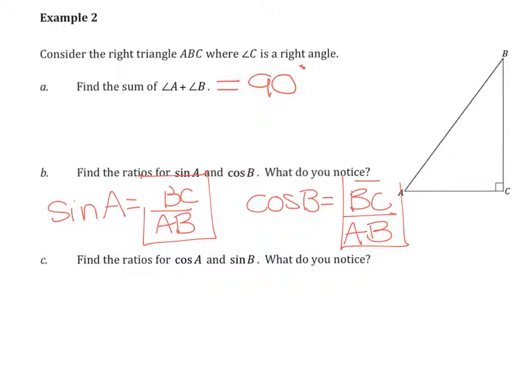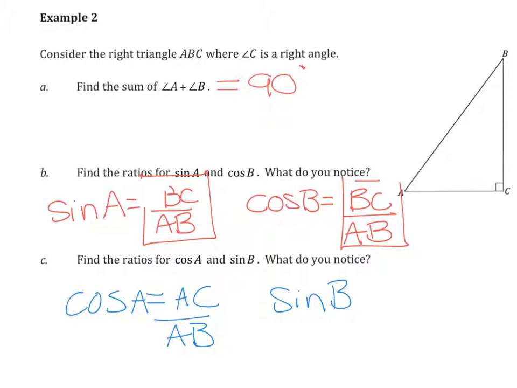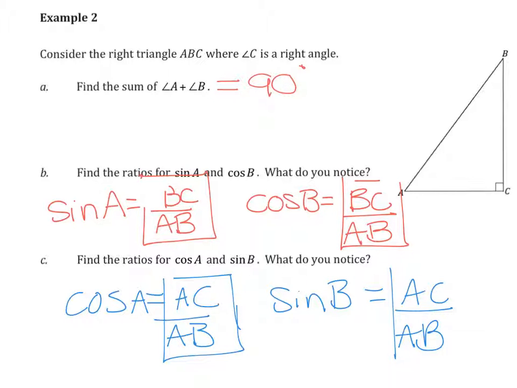Part C says find the ratios for cosine of A, so that's adjacent over hypotenuse, AC over AB, and the sine of B is opposite, which is AC also over the hypotenuse of AB. So those values will be the same.